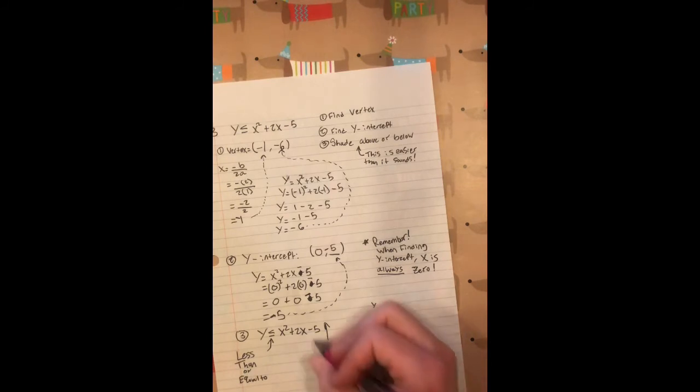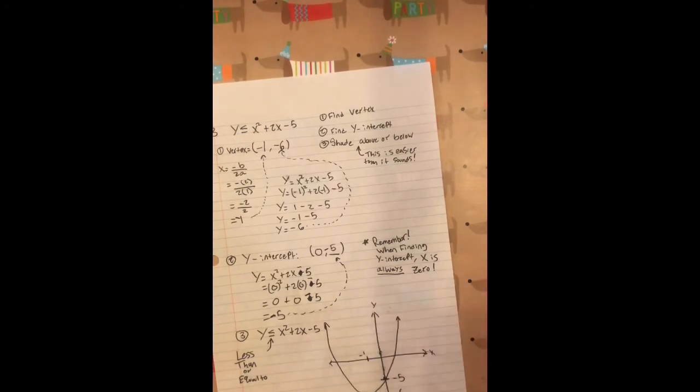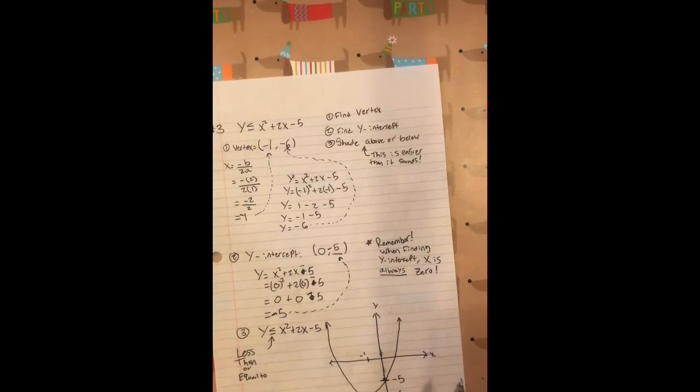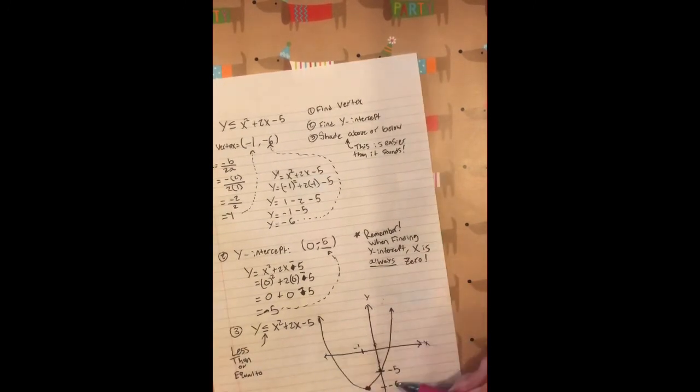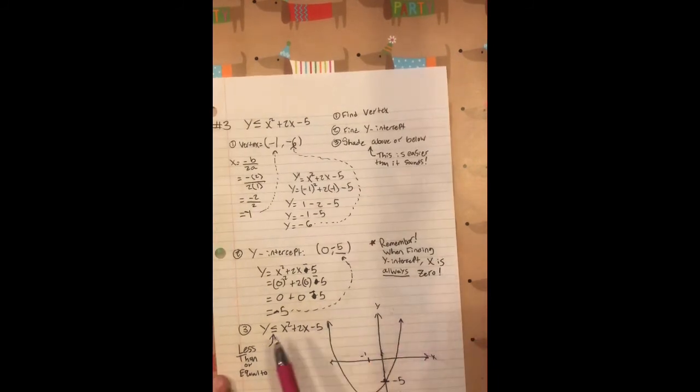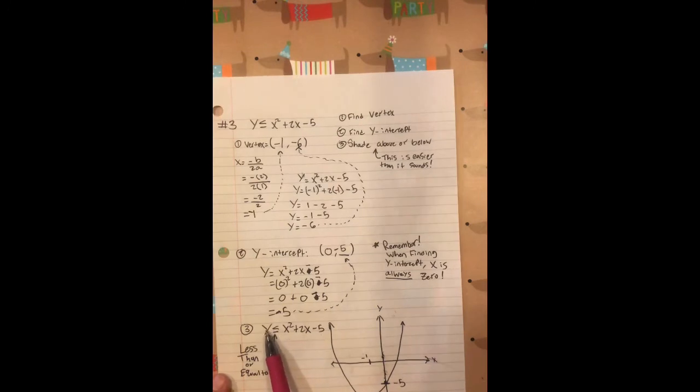Now I can just roughly draw my parabola. And the last thing to note is whether I shade above or below. Well, how do I know? Well, what is y? Is y bigger or less? Is it greater than or is it less than? Well, this says it's less than or equal to, right?